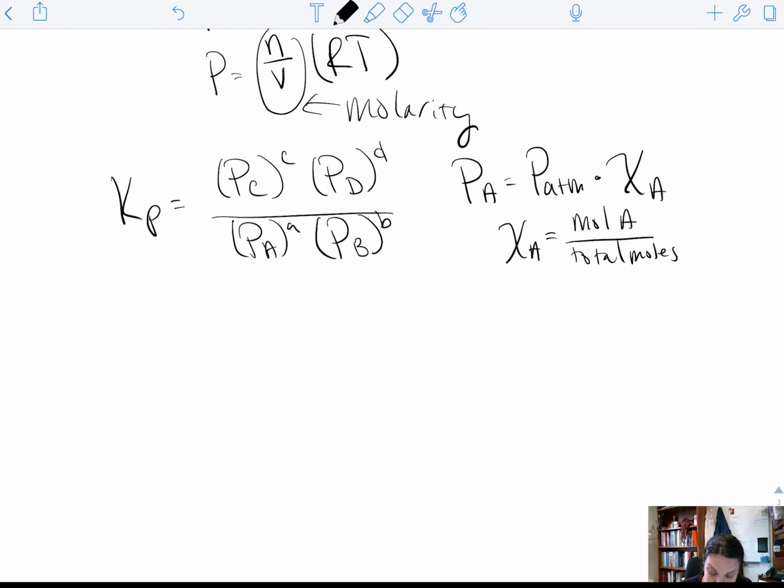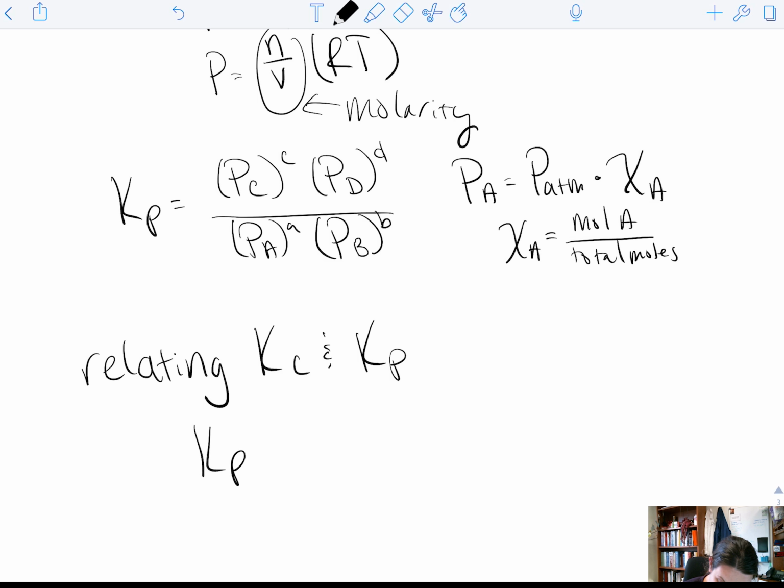And then we can relate Kp and Kc using the following equation. So Kp is equal to Kc times (RT) to the delta n.